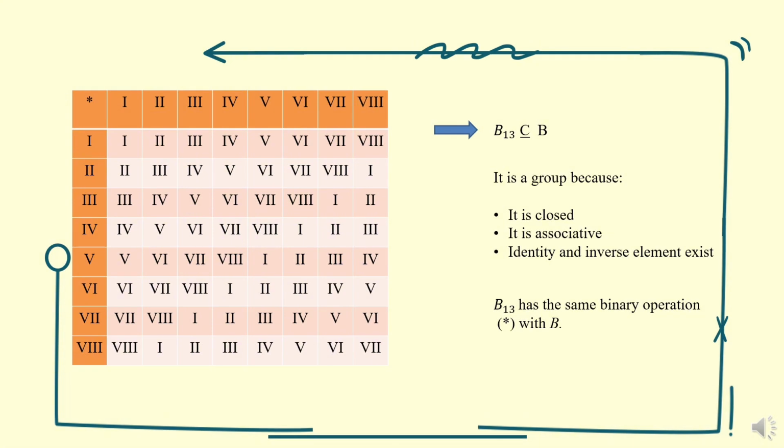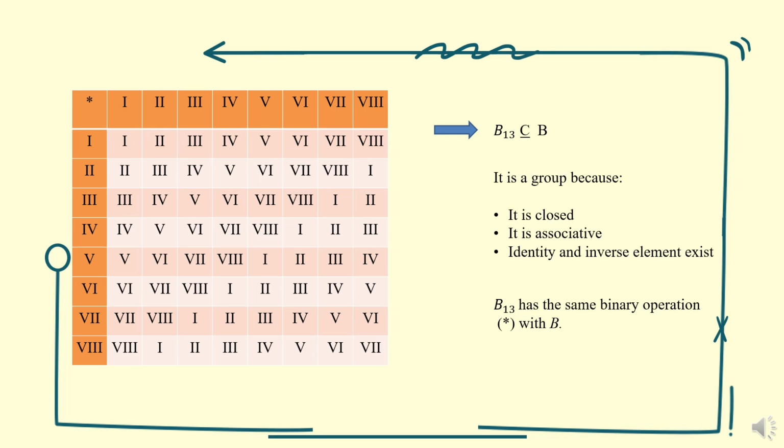So the inverse element of Roman numeral 2 is 8. The inverse of 3 is 7. The inverse of 4 is 6. The inverse of 5 is 5. The inverse of 6 is 4. The inverse of 7 is 3. And lastly, the inverse of 8 is 2.